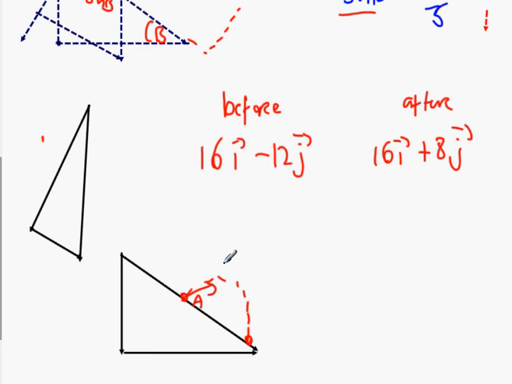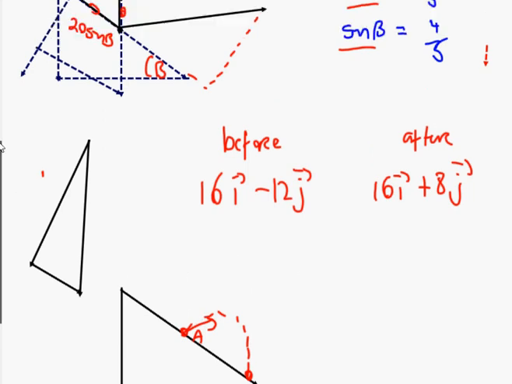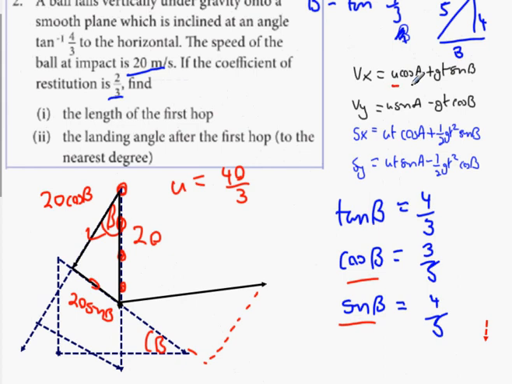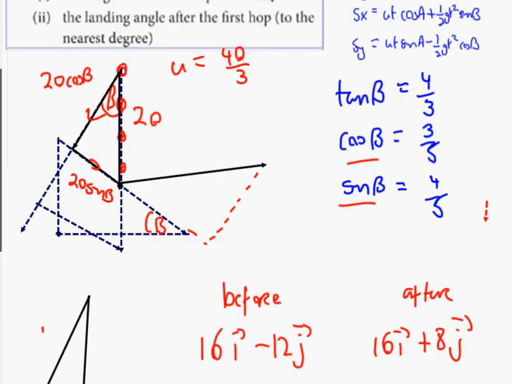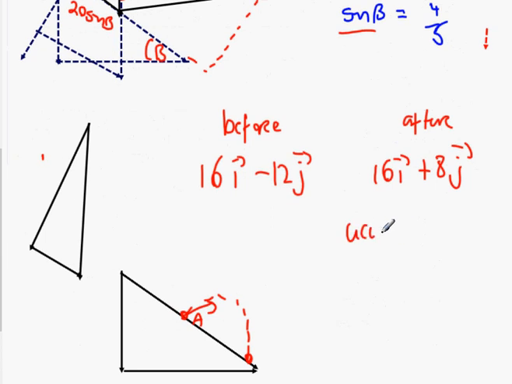Now, let me explain what each component means here. What does u cos alpha and u sin alpha actually mean? If you know u and you know alpha, u cos alpha is the I component of your speed, isn't it? We already know u cos alpha: 16.